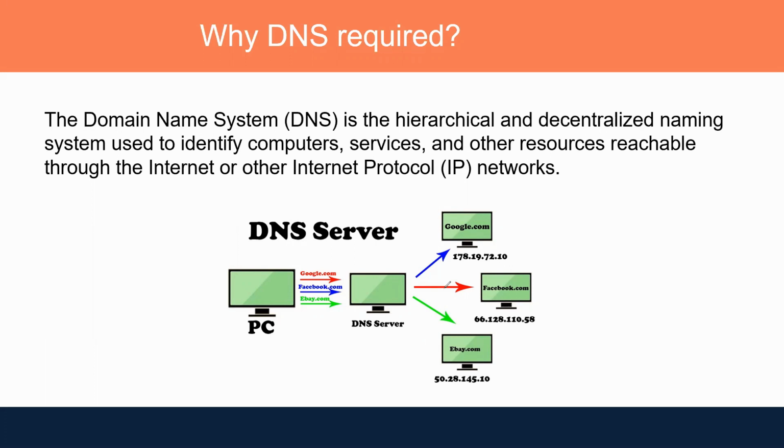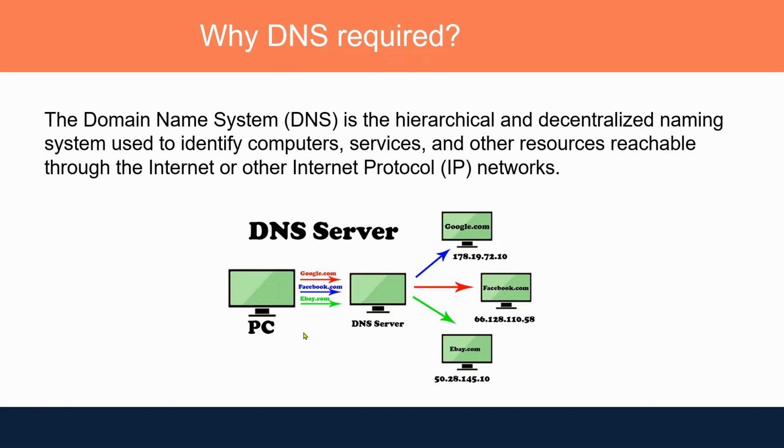It can be on premises, on the root level, or on the top level domain. But the main work of the DNS is to resolve names into IPs. The reason is the user is more familiar with the name, but not with the IP. So that's why the DNS service came into the picture.